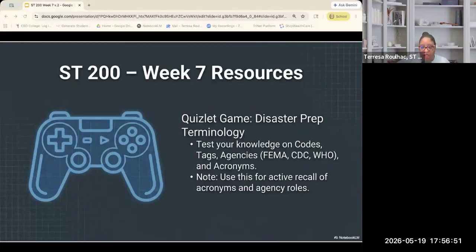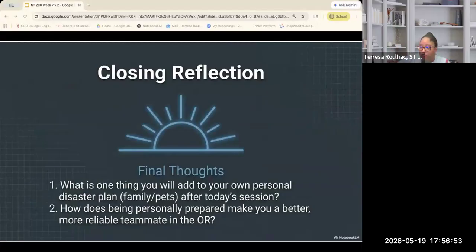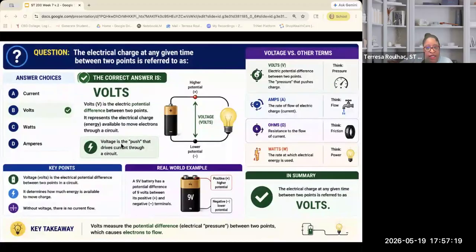Okay. Now, before we get to the closing, I wanted to get to that question that I was asked about the second commonly missed question. For the second question, the key words would have been electrical charge. Do we have time to go back to the second one?